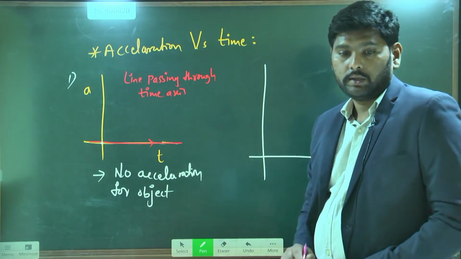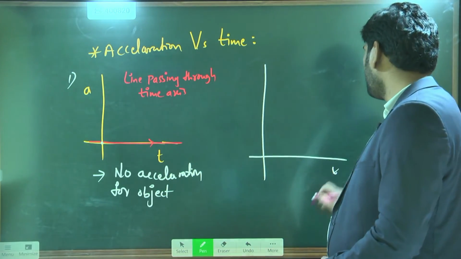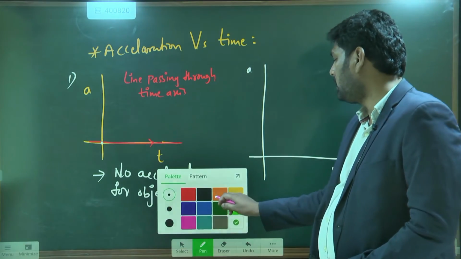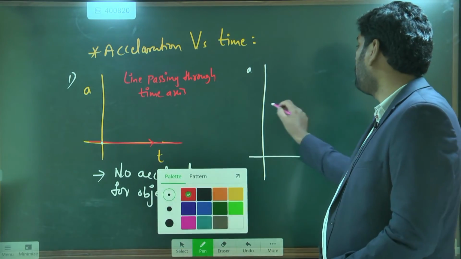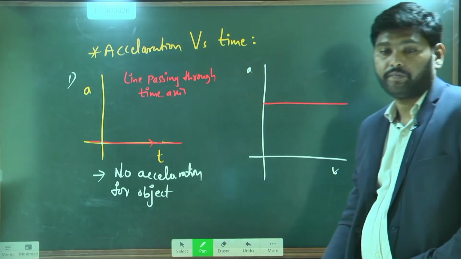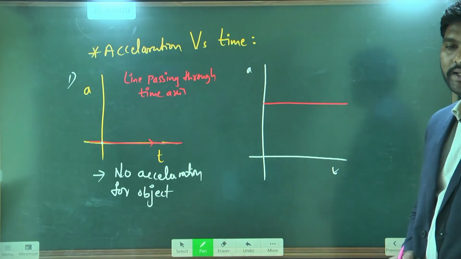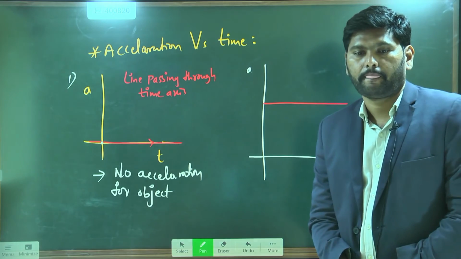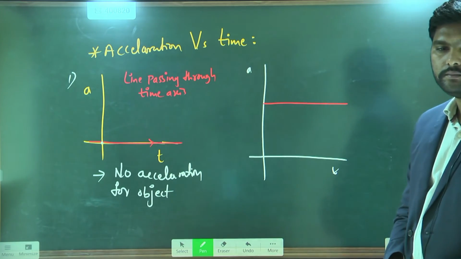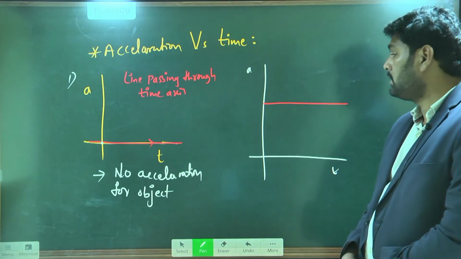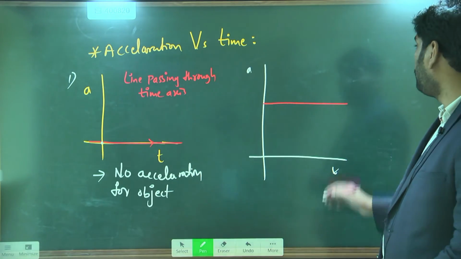So this is the time, and this is the acceleration, and you have a graph like this. Now what does this represent in this graph? Constant acceleration. Very good.